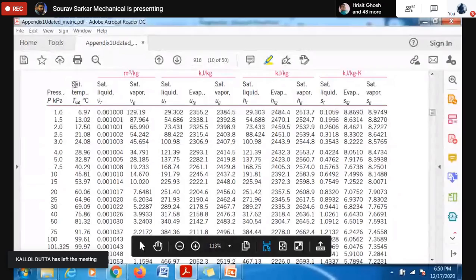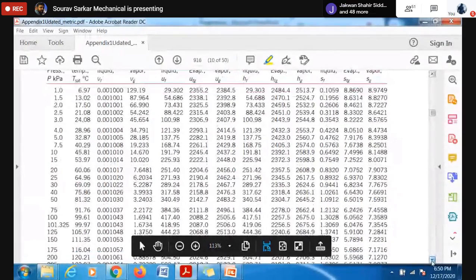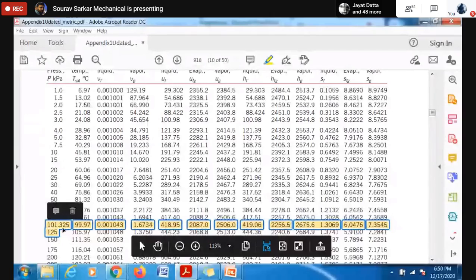The corresponding temperature is mentioned in the second column. Here also you can see whenever your pressure is 101.325 kPa, your boiling point is 99.97. Can you see that?